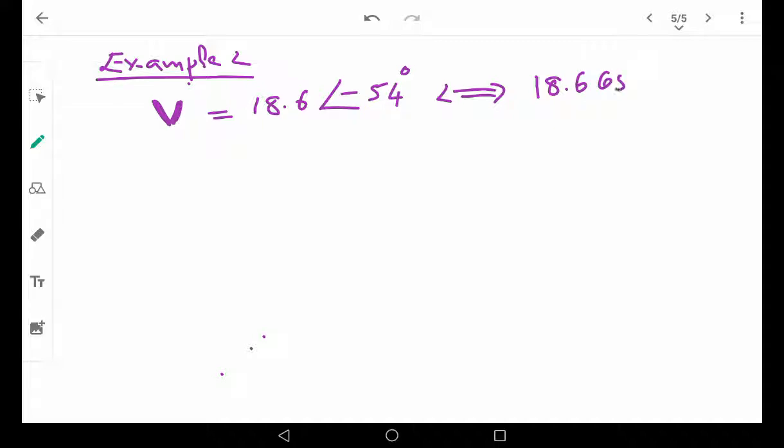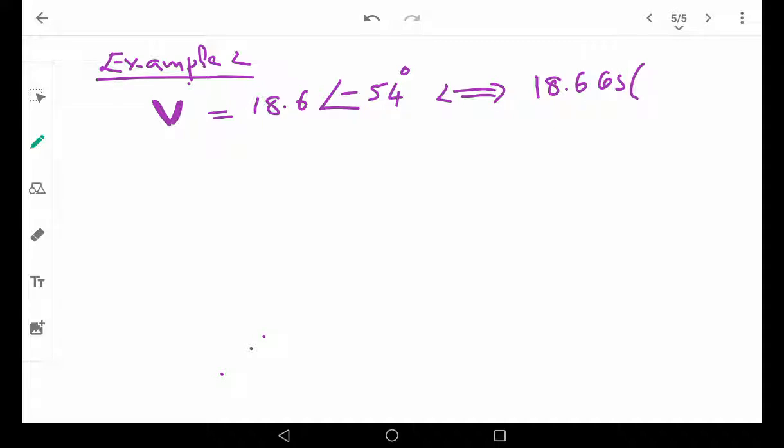We have a phasor given here: 18.6 angle minus 54 degrees. What is the corresponding time domain signal? You can write it as 18.6 cosine.